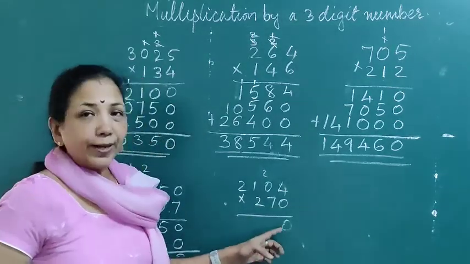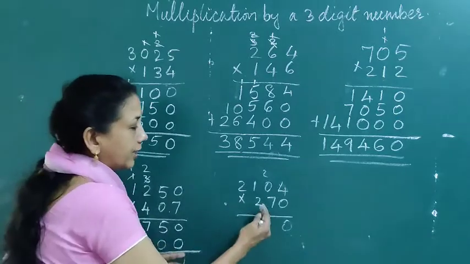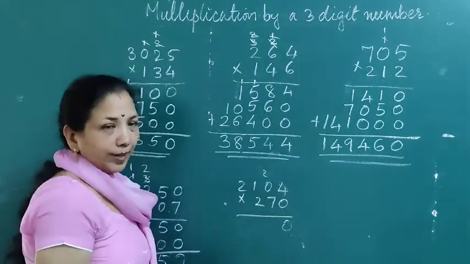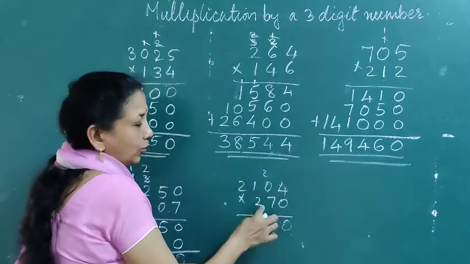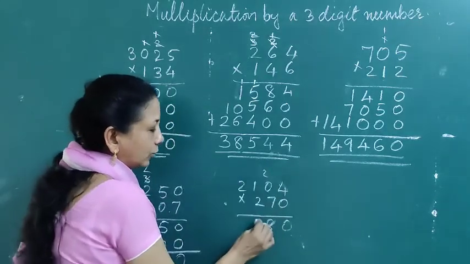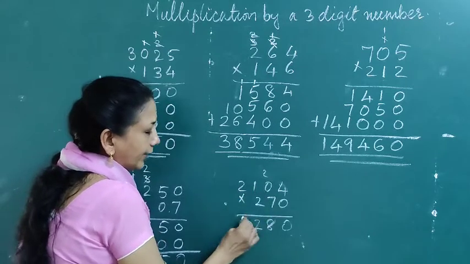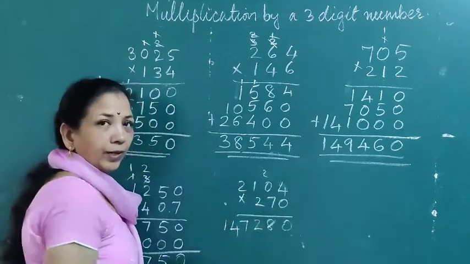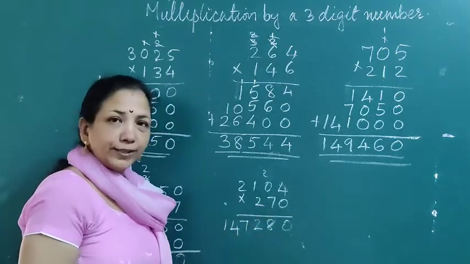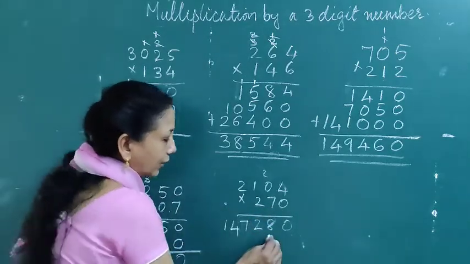Then you put ones place 0. Then start from tens place. 7 4 is 28. 8 2. 7 0 is 0 plus 2. 2. 7 1 is 7. 7 2s are 14. So tens place and ones place over. Now hundreds place.